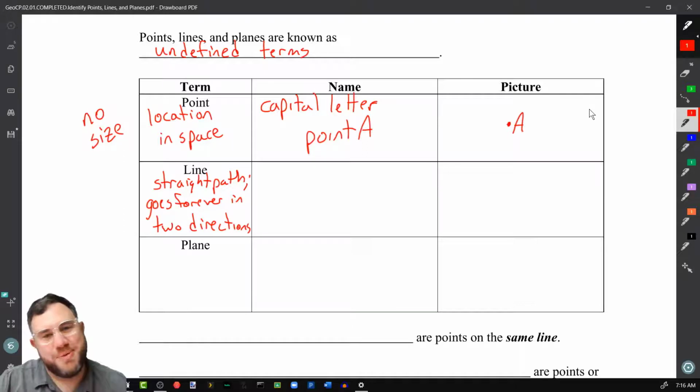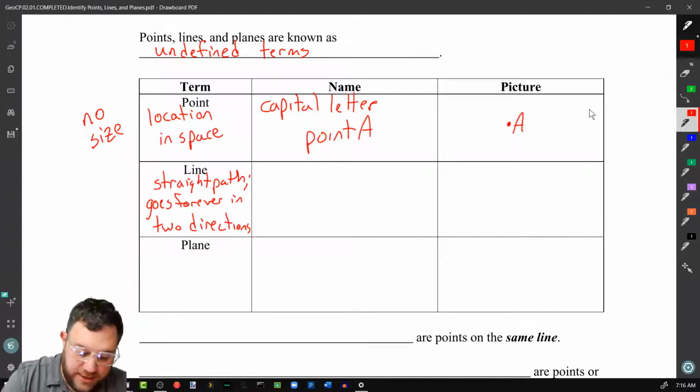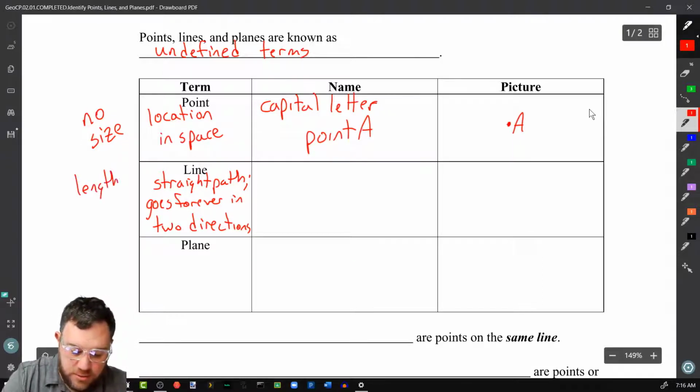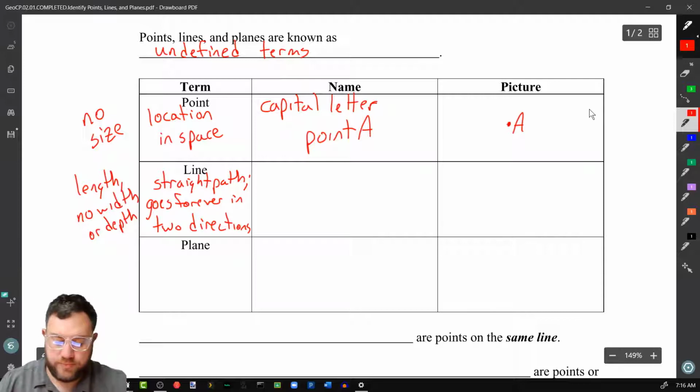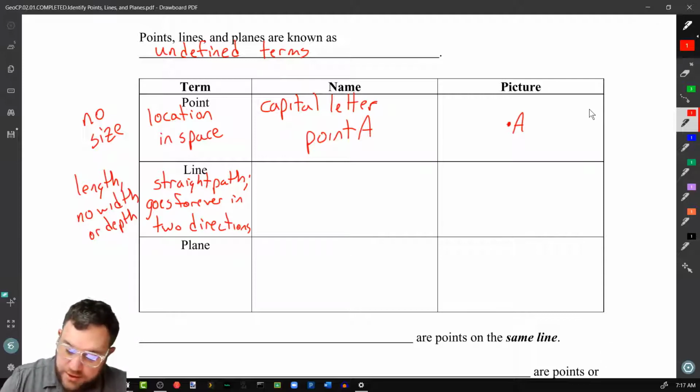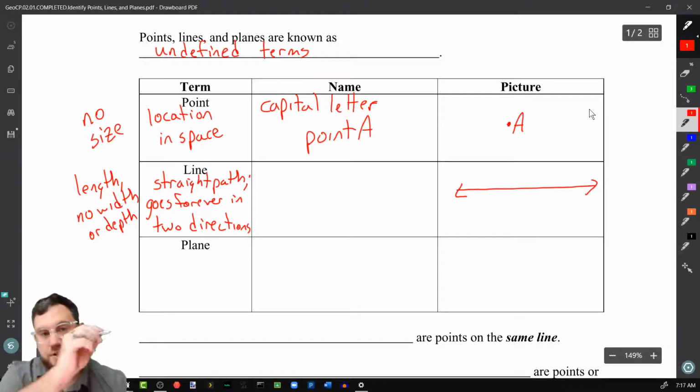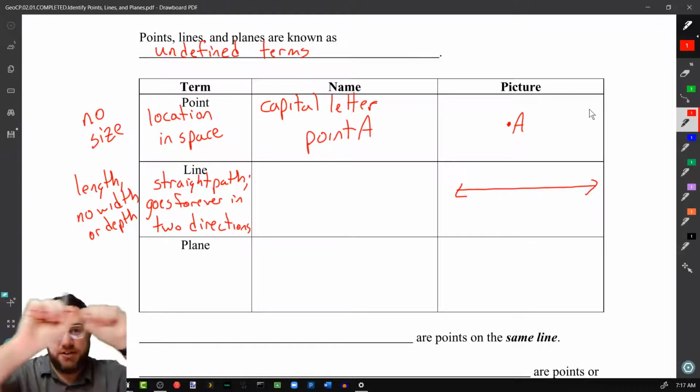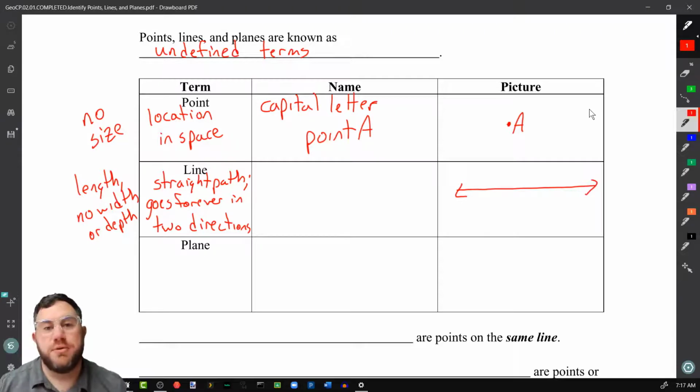It irks me when people say straight line, because if it's a line, it is straight. Otherwise, it's called a curve. And lines have length, but no width and no depth. And when we draw lines, that's what they look like. It's a piece of a line, just a straight mark, and then we have arrows on both ends to indicate that it goes forever in both directions.